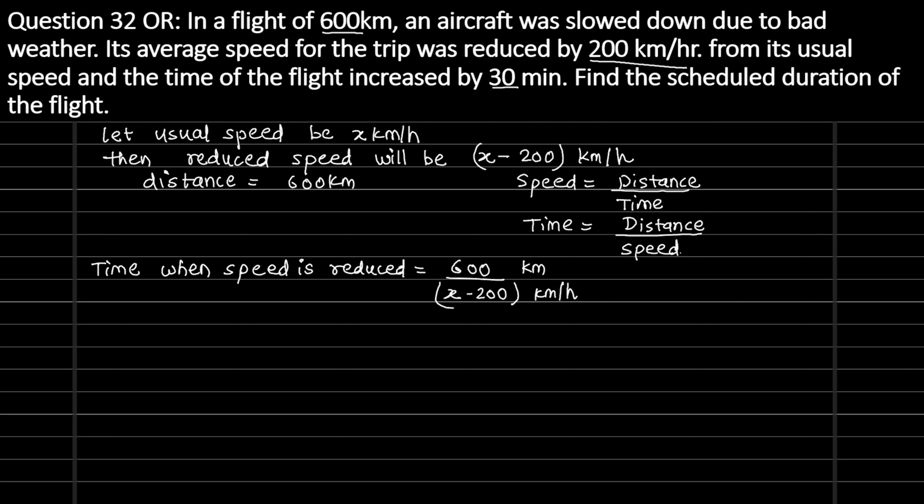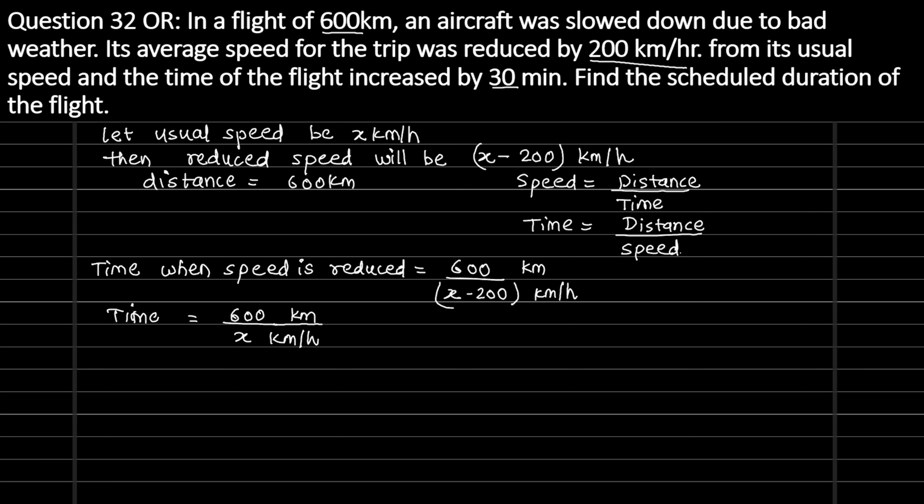Now, usually what would be the time? Time is equal to 600 kilometer divided by the usual speed, which is x kilometer per hour.